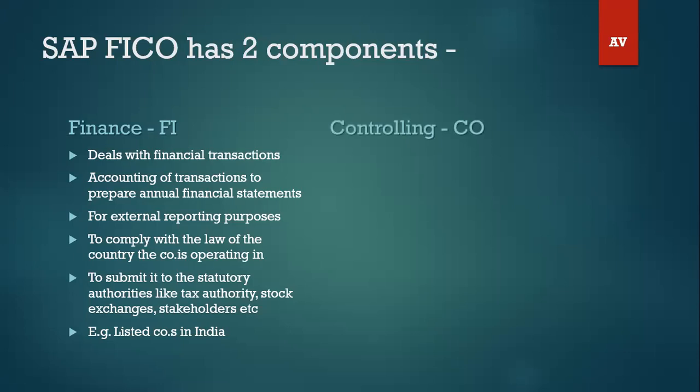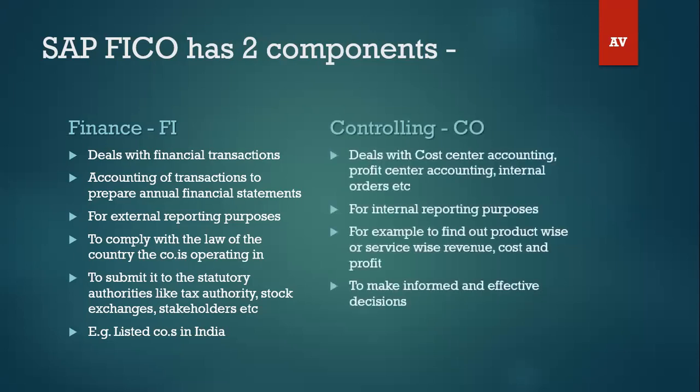Just opposite, there is CO. CO is controlling, which basically deals with cost center accounting, profit center accounting, internal orders and so on. It is just opposite to FI, finance. It is for the purpose of internal reporting requirements.